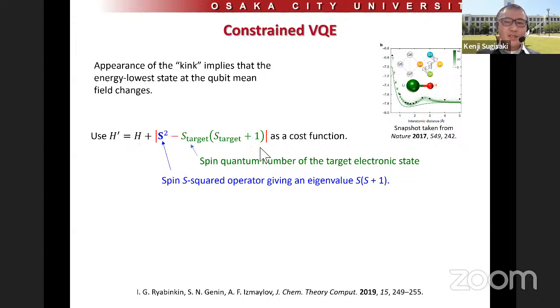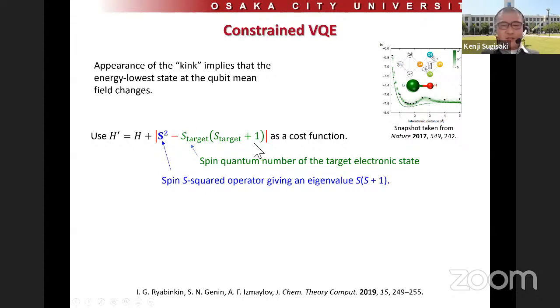In this case, if we want to avoid the spin state switching, we use the spin S-squared operator as a penalty function. Because the S-squared operator gives an eigenvalue S times S plus 1, by setting the term as S-squared operator minus S target times S target plus 1.